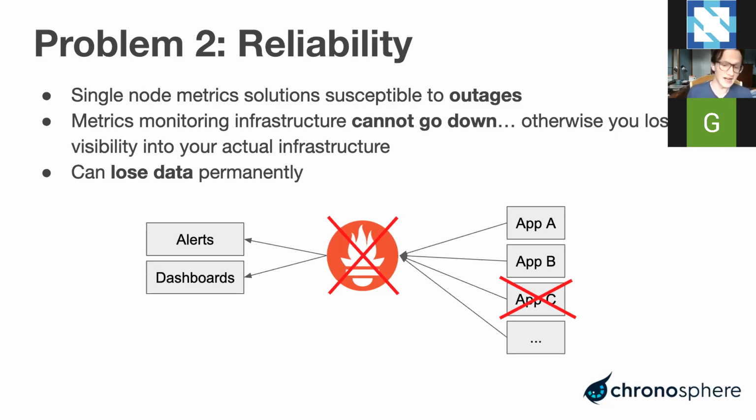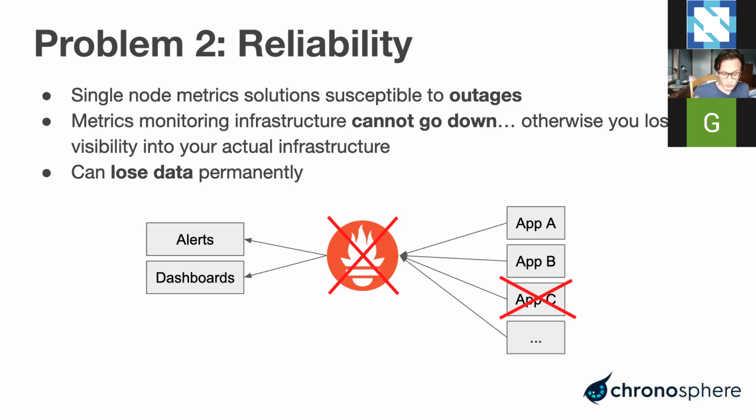So in a case where, let's say, you're running a single Prometheus instance, obviously in that world, you're highly susceptible to an outage because if that one single Prometheus instance goes down, then now you have no visibility into your infrastructure. You wouldn't be aware in this example if app C were to go out because your Prometheus instance is out.